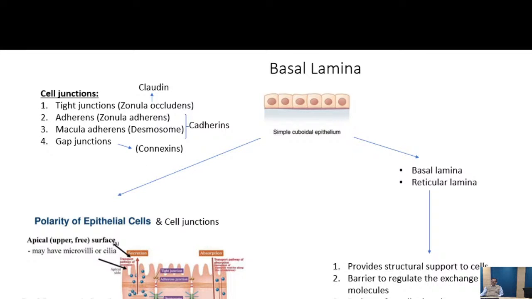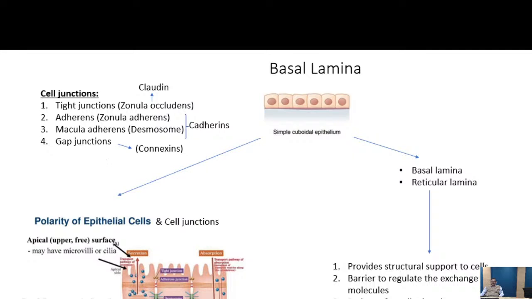There are two channel-like structures, one from one epithelial cell and another from the other, and they come together and form a channel which communicates the two cells. So they are not a stabilizing factor, but rather they help the cells talk to each other and organize their metabolic activity in a synchronized manner. So these are the different types of junctions present between the epithelium.